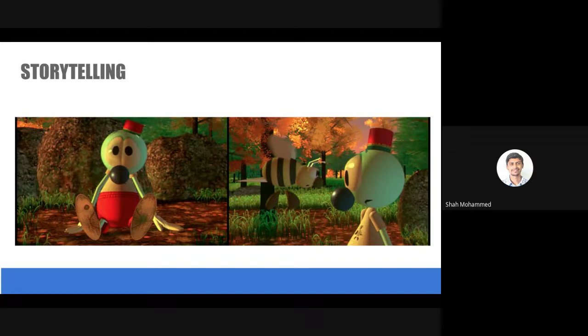It is shocked. Now it arouses curiosity in people. Why is it shocked? In the next scene, they show in front of its eyes there is a bumblebee. Now that bumblebee, oh, what is it going to do? People are now curious. The bumblebee just pricks the Android and flies away. Now the Android starts chasing the bumblebee to catch it. Now there is a tension in the story.